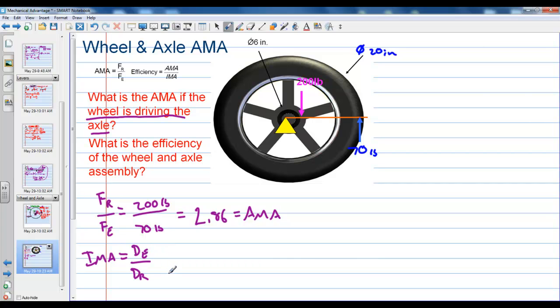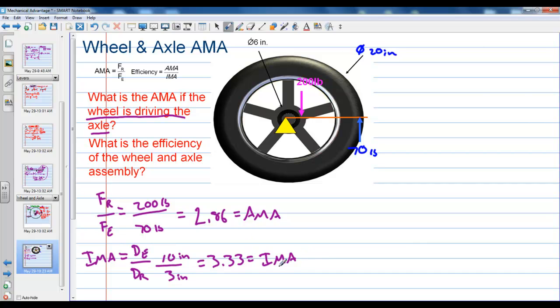So the distance of the resistance is 3 inches, and that is over the distance of our effort. And the effort here was 10 inches. So if we take 10 divided by 3, we get 3.33. That is our IMA, our ideal mechanical advantage.